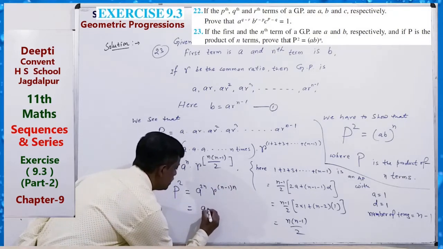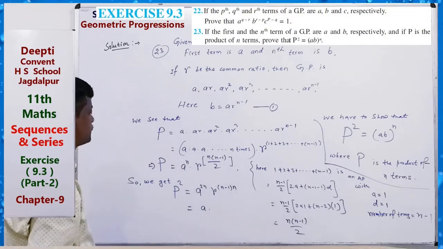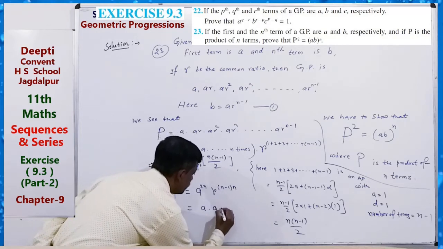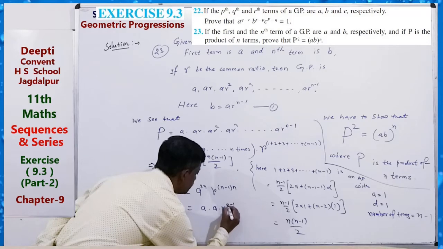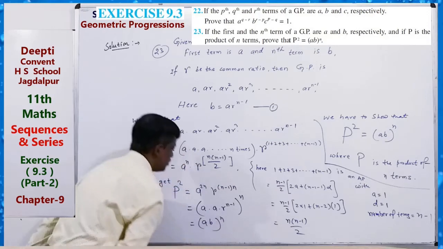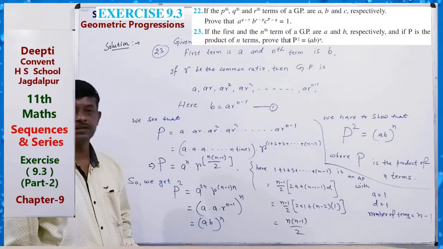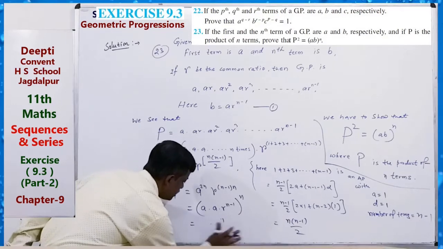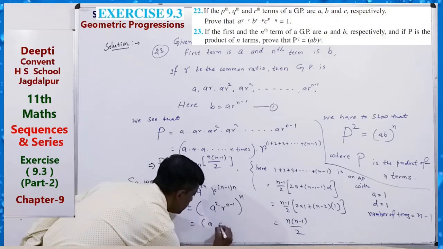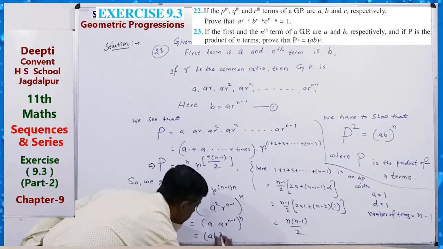This can be written as A into A R to the power n minus 1, whole power n, which is A into B to the power n.